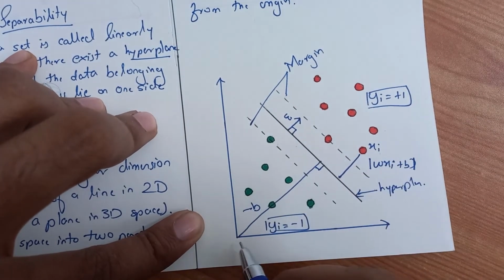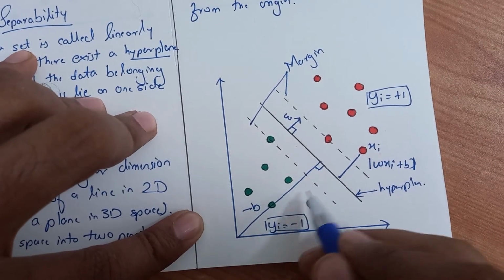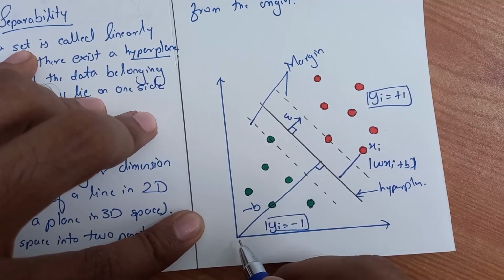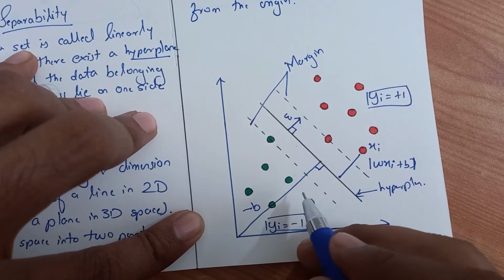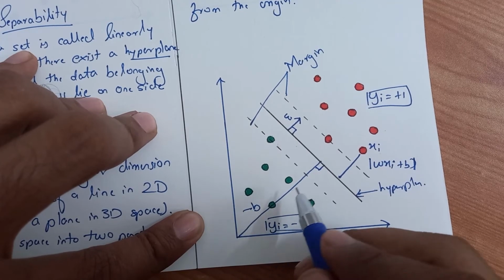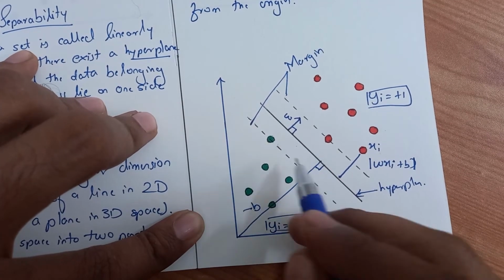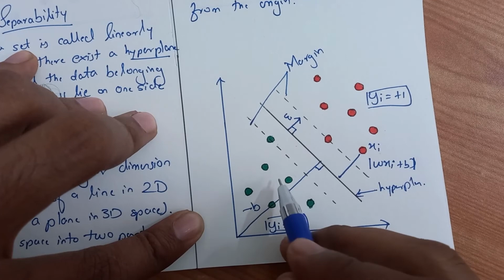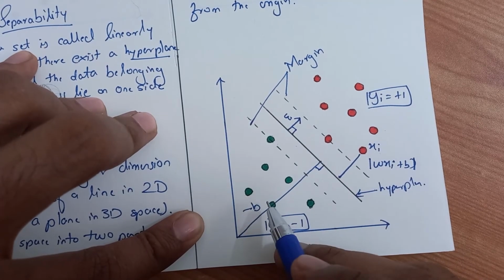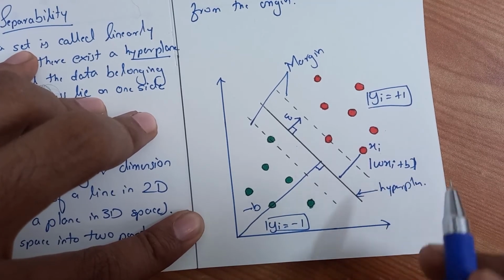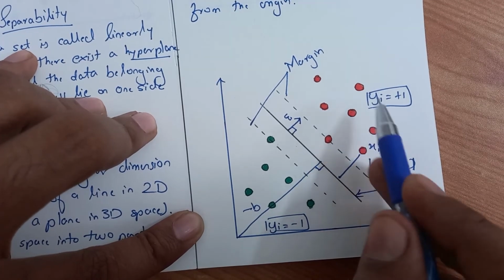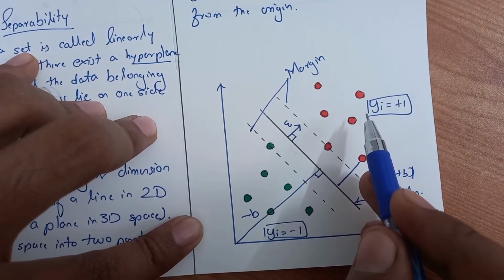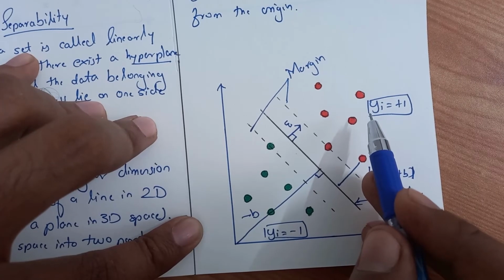So if you calculate the distance between the origin, which is 0, 0, and the point on the hyperplane, you will get a negative answer. That's why here the distance is denoted by minus B, and all the points lying on this side of the hyperplane will be negative using the formula Wi xi plus B, and all the points lying on this other side of the hyperplane will be positive.